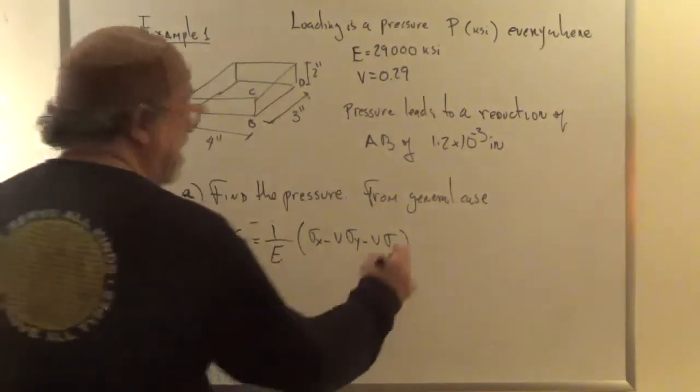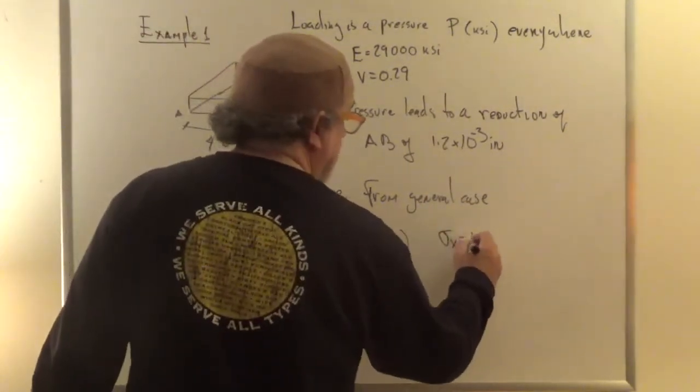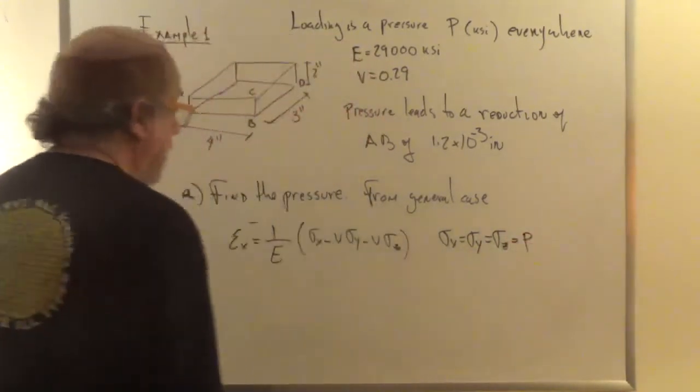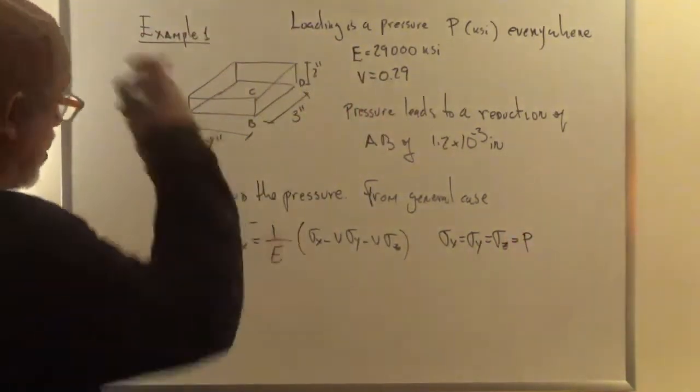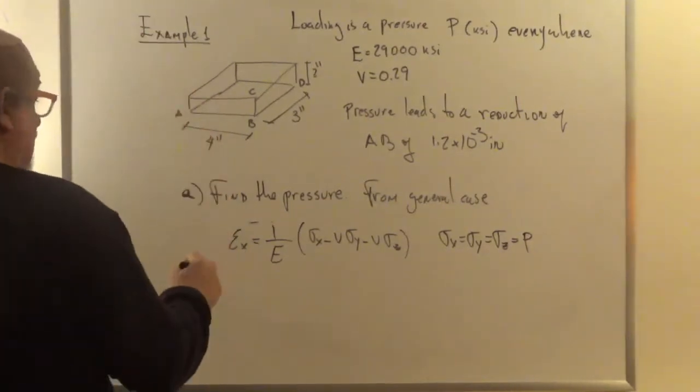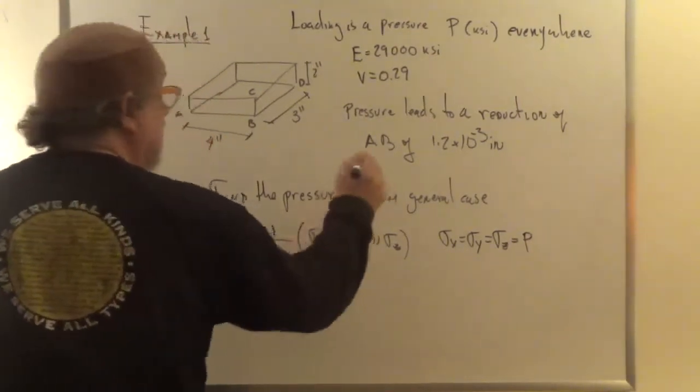In this case, sigma x equals sigma y equals sigma z equals the pressure, and because it's compression, it is negative.